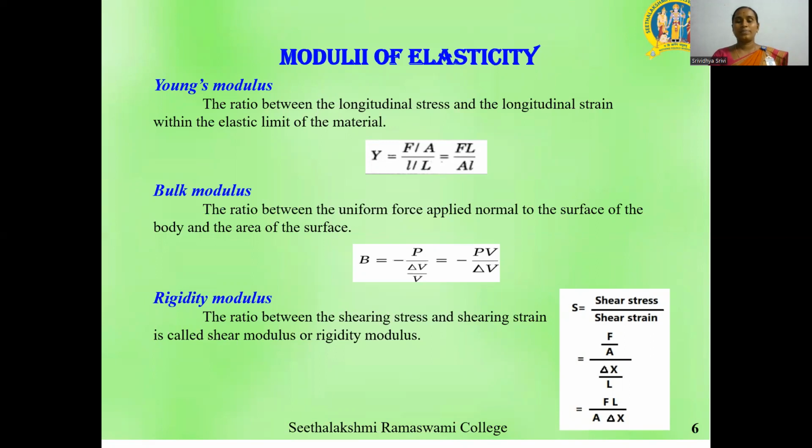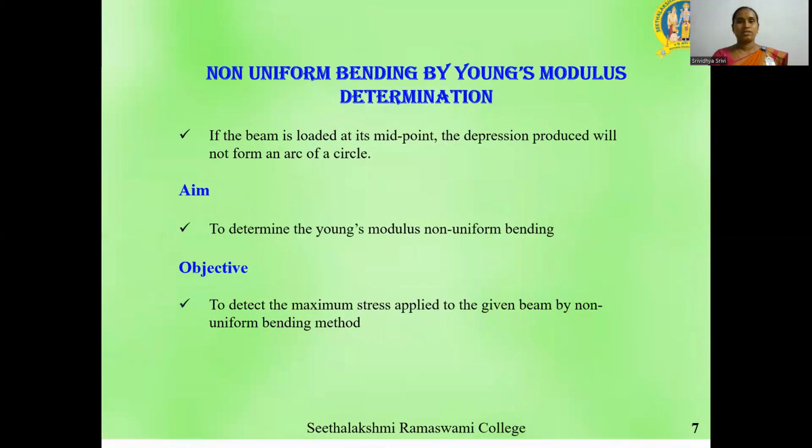It is denoted by capital B. Capital B is equal to minus PV divided by del V. The rigidity modulus: the ratio between the shearing stress and shearing strain is called shear modulus or rigidity modulus. It is denoted by capital S, equal to shear stress divided by shear strain. Capital S is equal to FL divided by A del X.